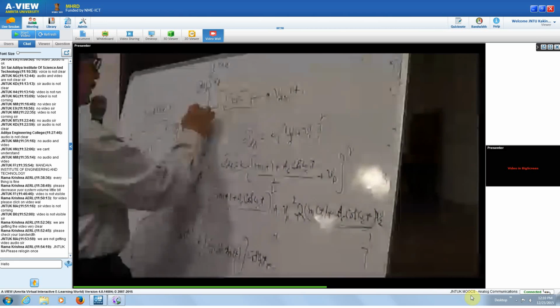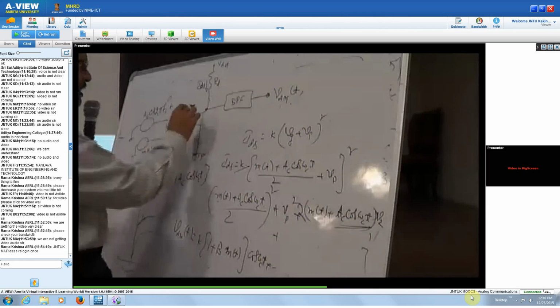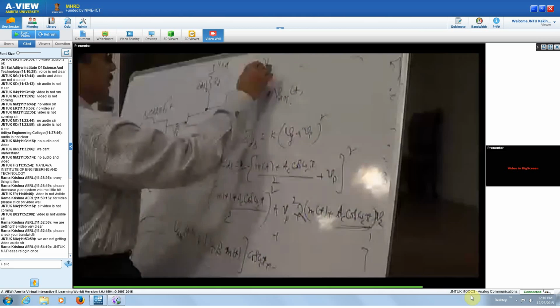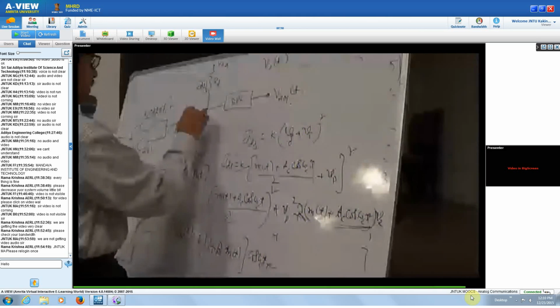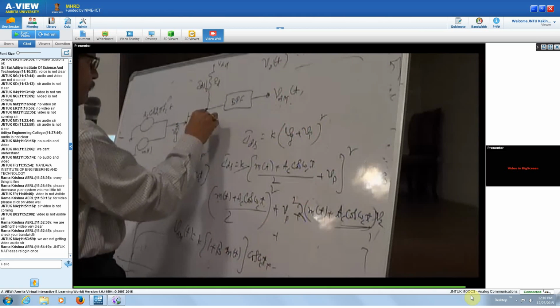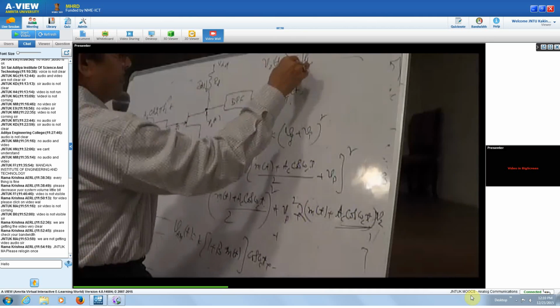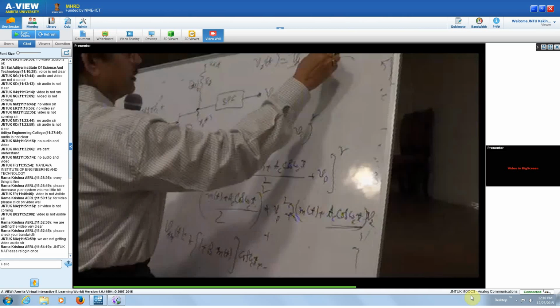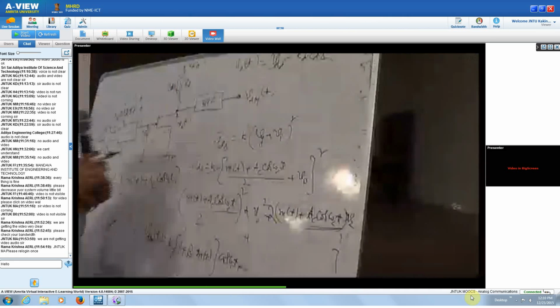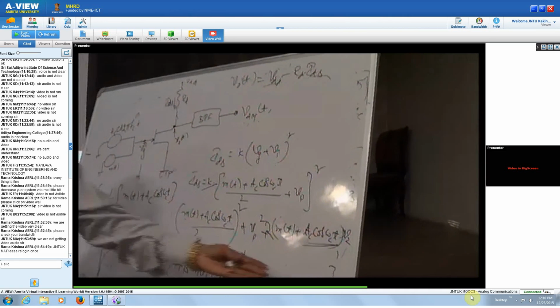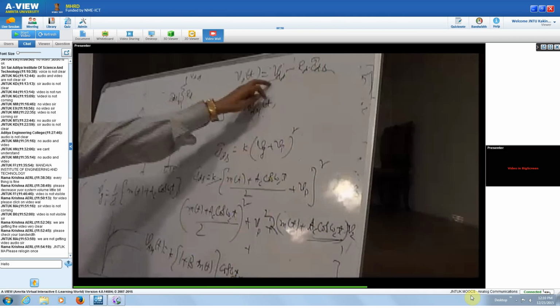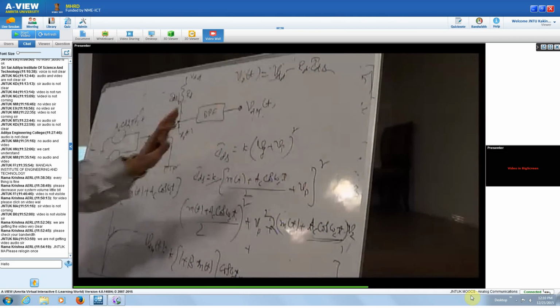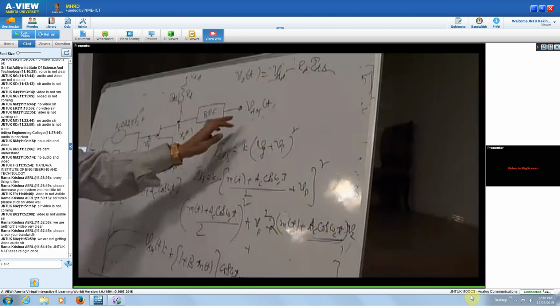Your output is going to be this voltage. And what is this voltage? V naught of t equals VDD minus RD into IDS. So this is your IDS. A DC component again you are going to have, you know that you are going to eliminate through this band pass filter.